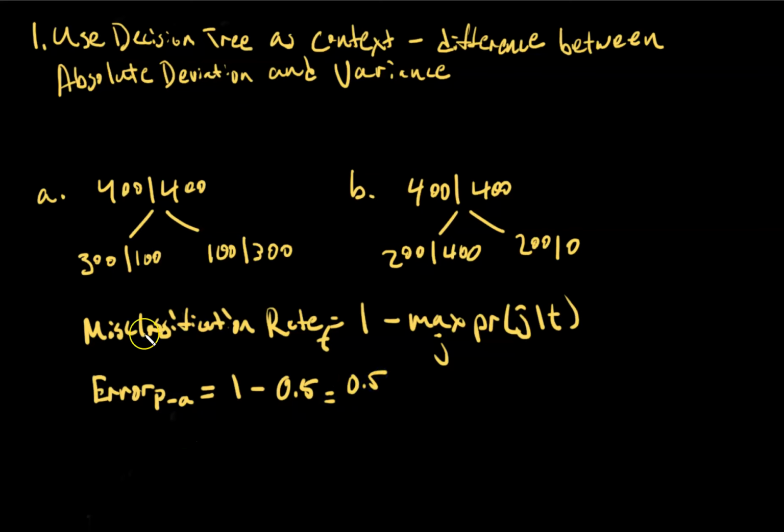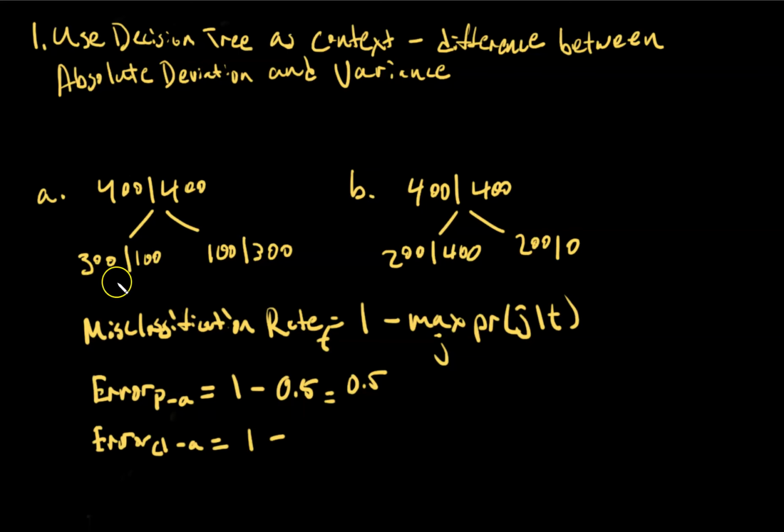Okay. Now how about the children nodes? We'll write this as error of C1 of A, the child 1. It's equal to 1 minus, well, what's the majority class in this case right here? Well, that's class 1. And what fraction does that class make up of the total for that node?